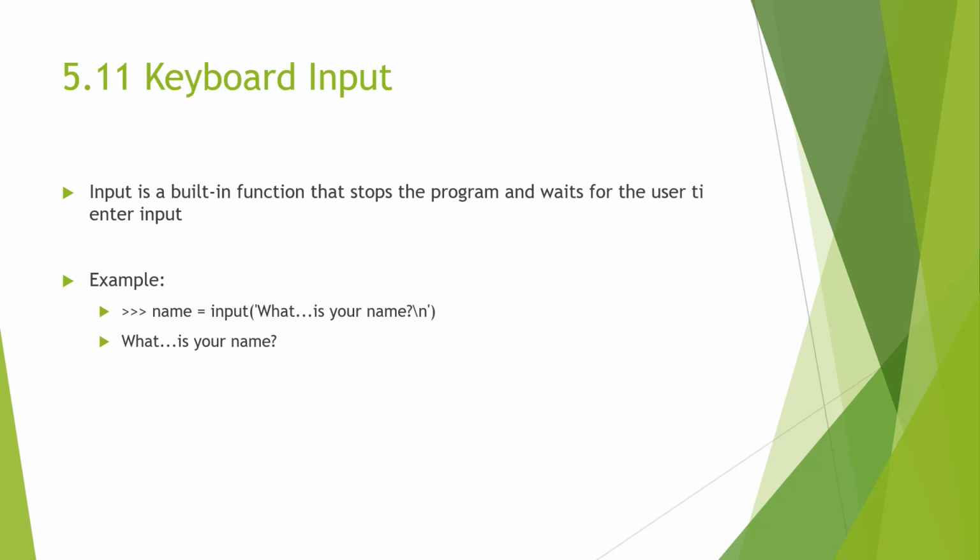We also have the ability to capture inputs. When we're capturing input, you're going to notice, first of all, the \n is a special character to denote a new line. So the built-in function that stops the program and waits for the user to enter input is input.